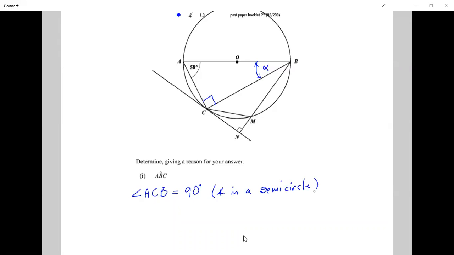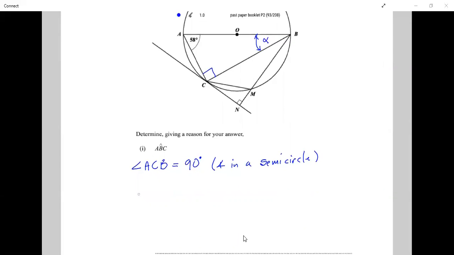So once I know that that one is 90, I can then say that alpha, which is angle ABC, is equal to 180 minus 90 degrees plus 58 degrees.